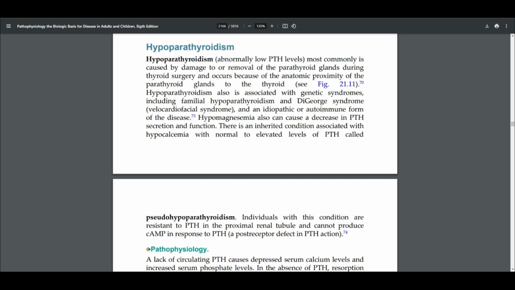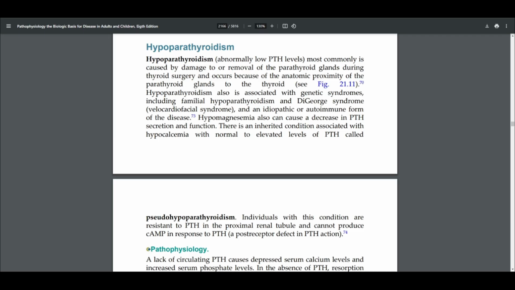Hypoparathyroidism also is associated with genetic syndromes, including familial hypoparathyroidism and DiGeorge syndrome, and an idiopathic or autoimmune form of the disease.